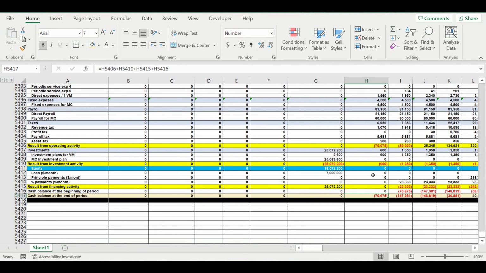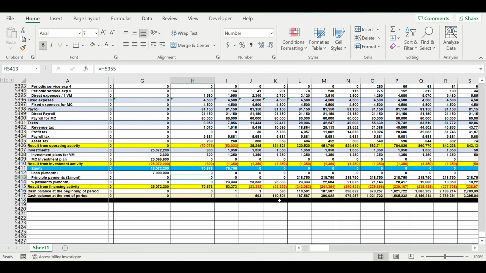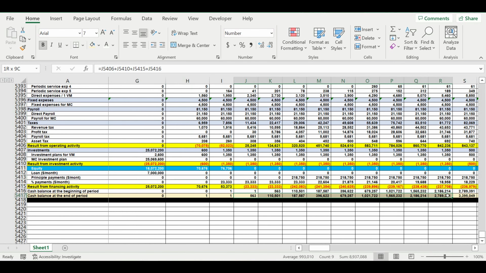Zero, then now we're moving further. We see that we don't have any cash gaps, so all values are positive.